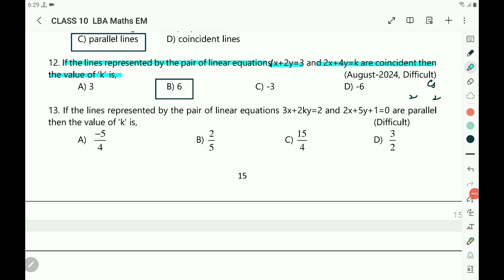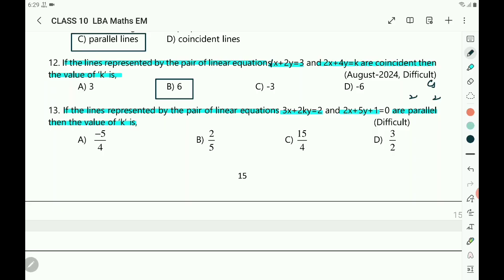Question number 13. If the lines represented by the pair of linear equations 3x plus 2ky equals 2 and 2x plus 5y plus 1 equals 0 are parallel, then the value of k is... Here again we have to find out a1 by a2, b1 by b2, c1 by c2. If the lines are parallel, it means a1 by a2 equals b1 by b2 not equals to c1 by c2.